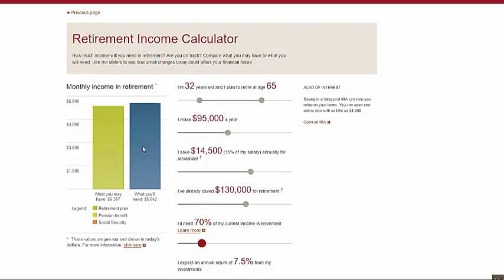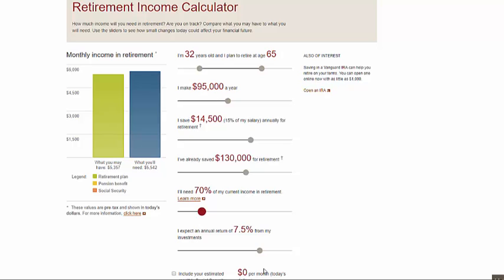And that's always cool. Again, play around with these numbers and see how things make a difference. In other words, if you can get a higher rate of return, 8.5%, you see that dramatically improves your plan. Again, you don't want to take excessive risk. And the one thing that's not here is inflation. So you'll have to figure that out as well.